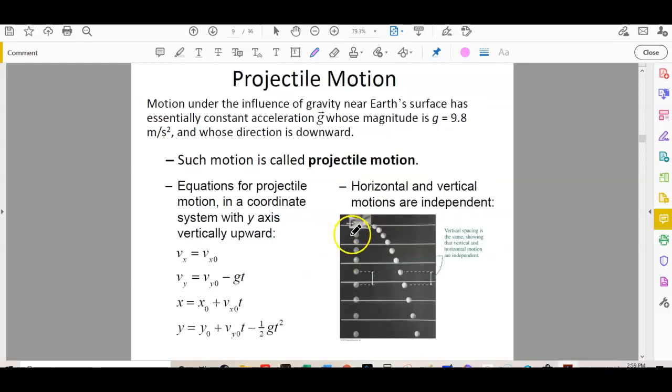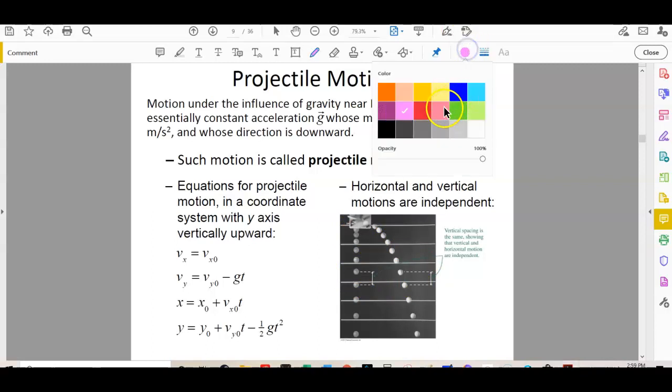So since both objects are starting from rest in the y direction, and gravity is acting on both, what happens with a dropped ball and a shot ball is that they are directly across from each other the entire time that they're dropping.